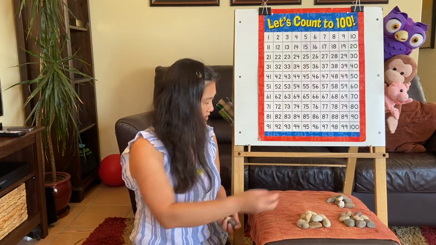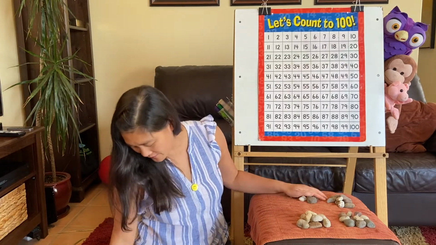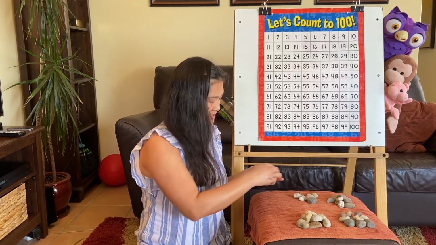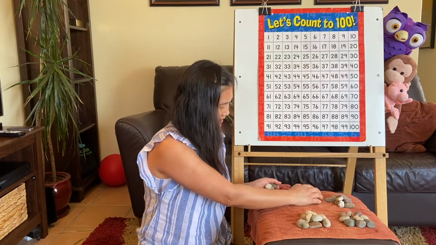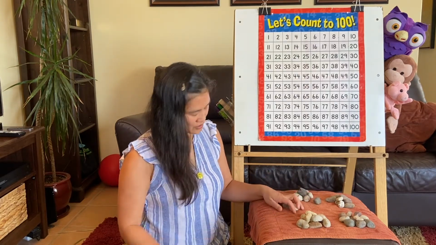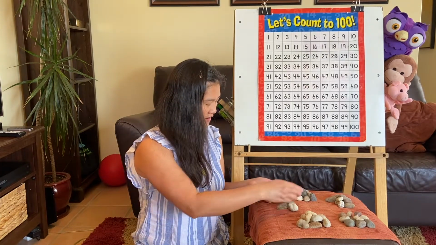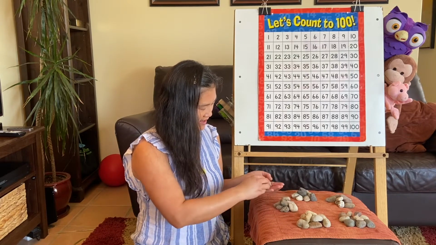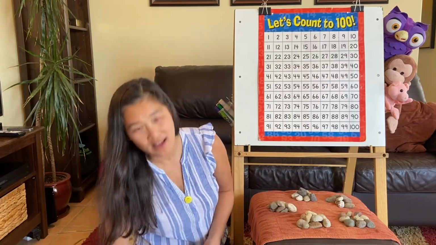That's three groups of 10. 1, 2, 3, 4, 5, 6, 7, 8, 9, 10. That's four groups of 10s. 1, 2, 3, 4, 5, 6, 7, 8, 9, 10. That's five groups of 10s.